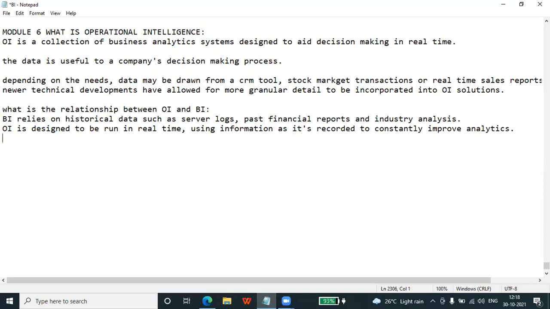So is operational intelligence better than business intelligence? Operational intelligence is not necessarily better than business intelligence, but it offers some distinct advantages. The timeliness of operational intelligence, real-time insights, lets a business take immediate action regarding opportunities or threats.